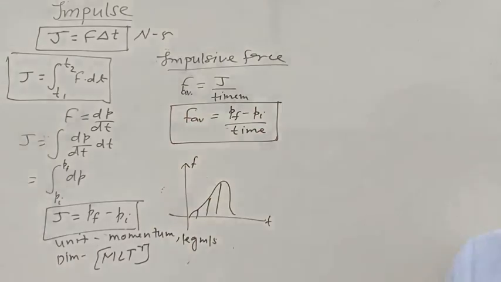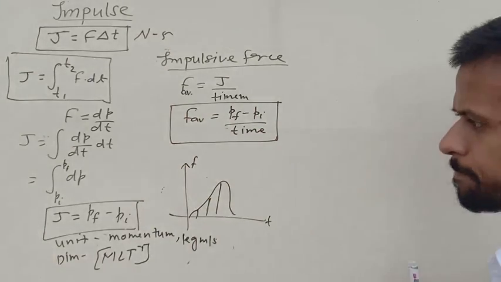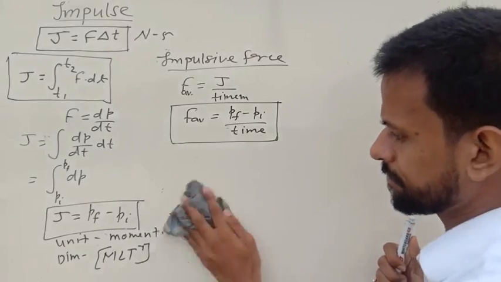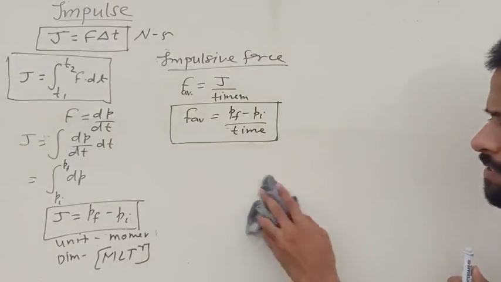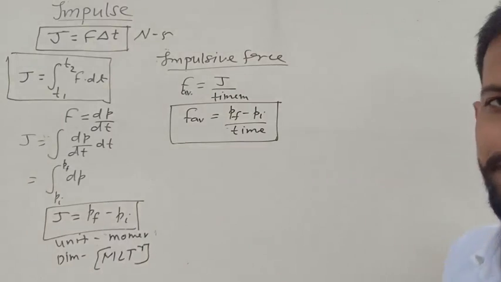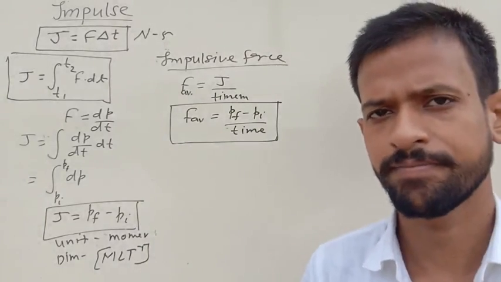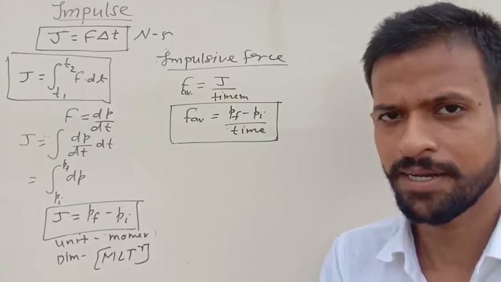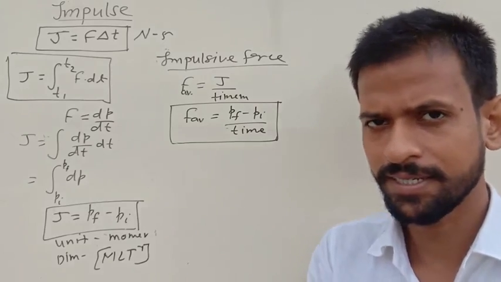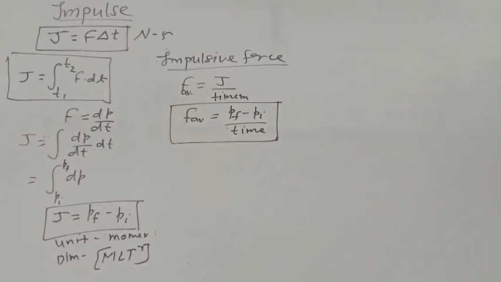Now, what is the practical observation about impulsive force? One famous example is that whenever a cricketer catches the ball, he takes his hand in a backward direction.